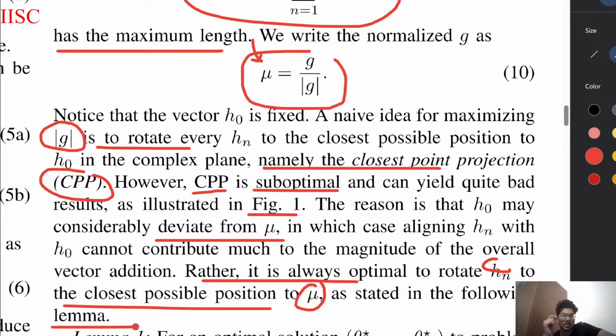It can yield bad results, because h naught may deviate considerably from mu, in which case aligning h n with h naught does not contribute much to the magnitude of the overall vector addition. Rather, it is always optimal to rotate h n to the closest point to mu, as stated in the following lemma.